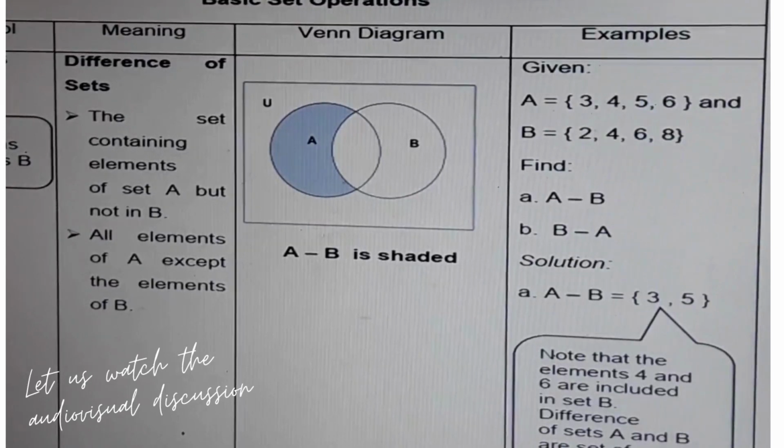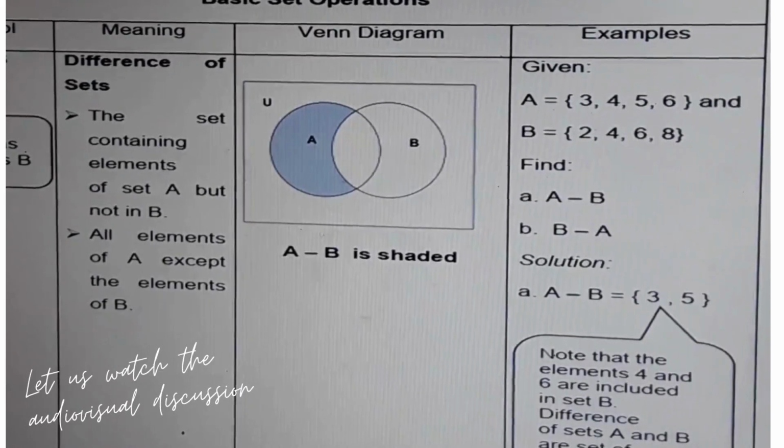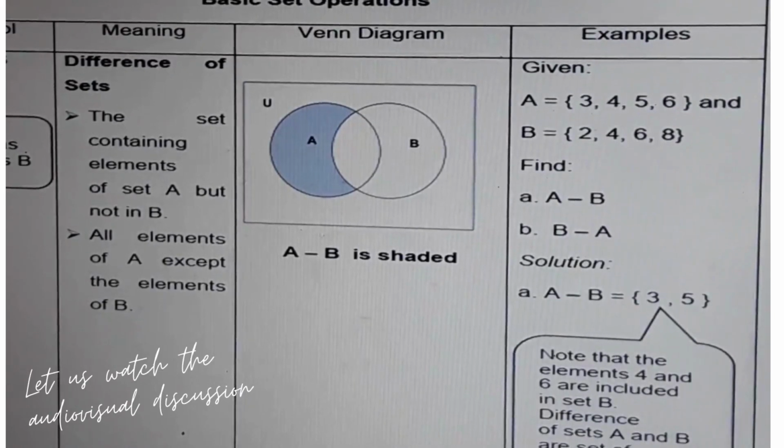So to show this in an example, say set A contains 3, 4, and 5, and set B has 2, 4, 6, 8. Finding the difference of sets A and B, in this case we have 3 and 5.